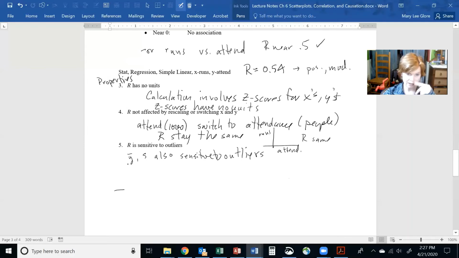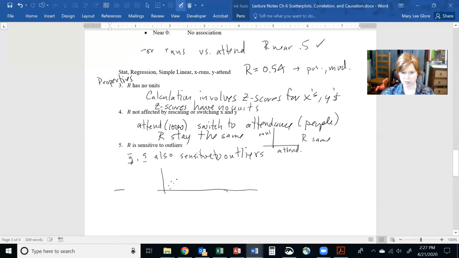And in fact, those y bar and s are used in those z-score calculations. The z-score for each of those will be the value minus the mean divided by the standard deviation. But basically what goes on, again, this R is a measure of how linear things are.